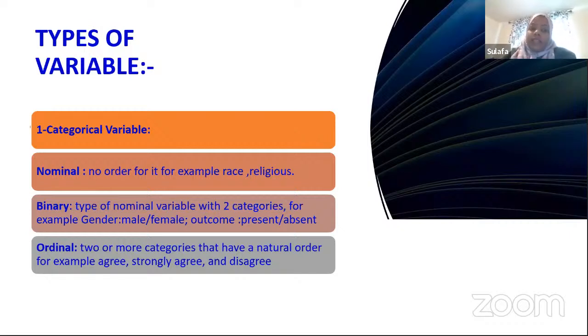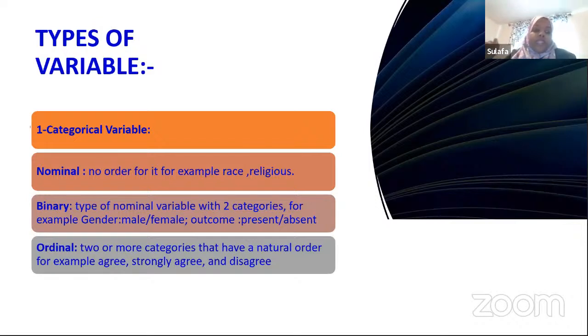It has two categories. For example, gender, either male or female. If we test a group of patients for a disease, for example COVID, we can say it is either present or absent. Usually this type has two options to label our variable.